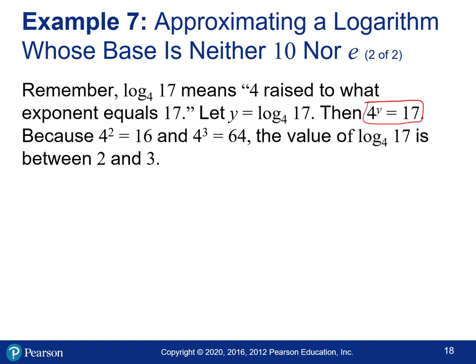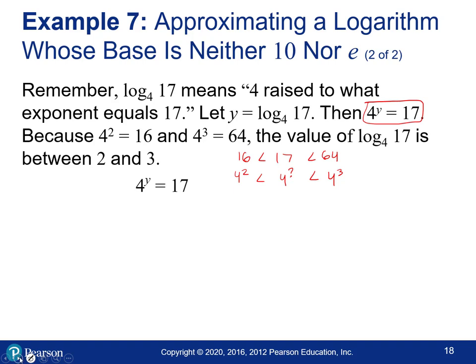So 17 is somewhere in between, because 16 is less than 17 and 64 is greater than 17. And if we have 4 squared for 16 and 4 cubed for 64, then this is 4 to something between 2 and 3. So something here is between 2 and 3.